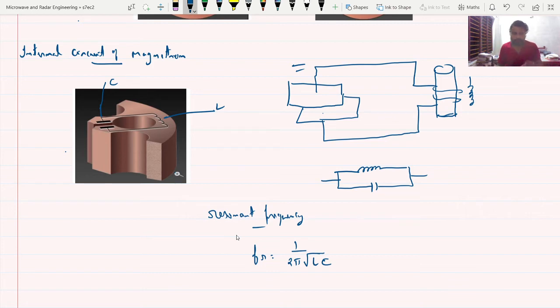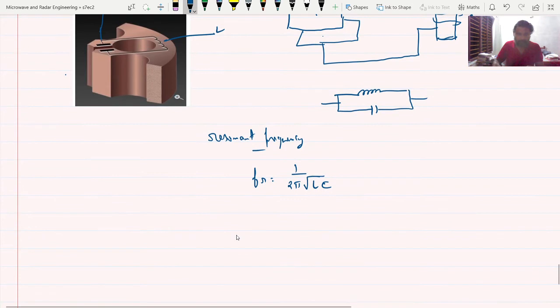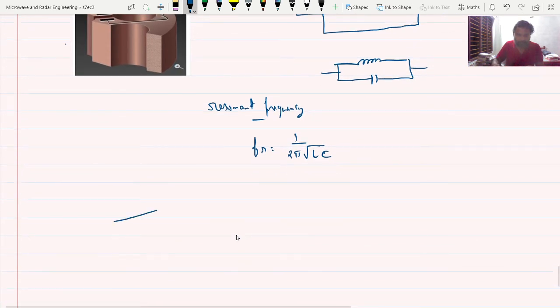Normally, you can see from this figure, it will be just like this. This is the positive plate, this is the negative plate, and this acts as our inductor.